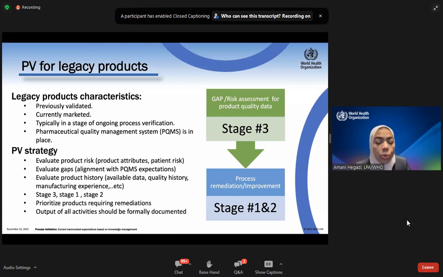And so we evaluate the current continuous process monitoring. We start with stage 3, and we see that the process is performing well.